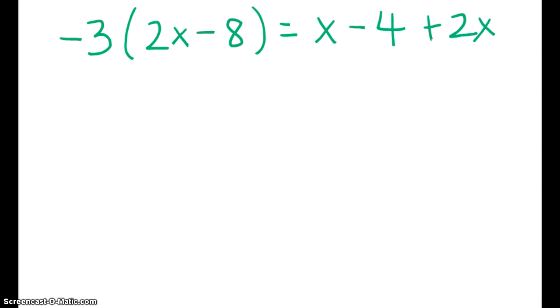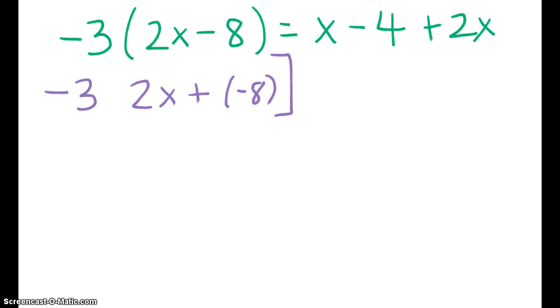Okay, now I want you to write this one down, and I want you to solve for x. So the first thing that I'm going to do is rewrite all of my subtraction as addition. And I forgot, I'm going to use brackets so I don't have double parentheses again.